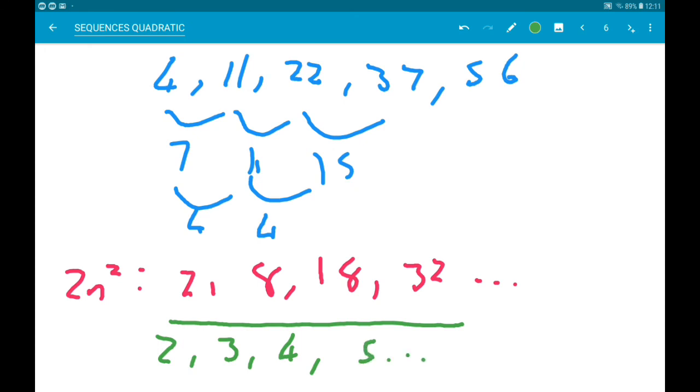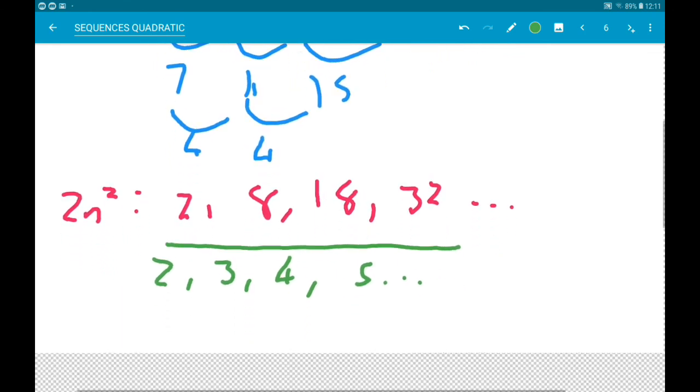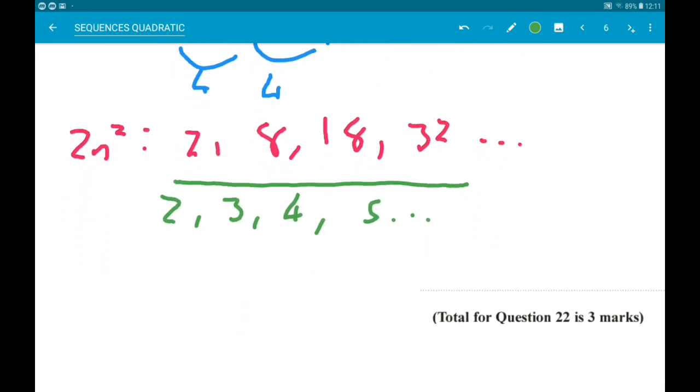So now we just need the nth term of this part. So we're going up in ones. That tells us it's something to do with 1n. Now remember, n is just the term number.